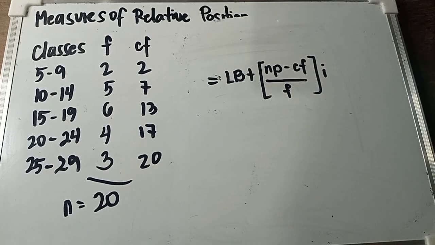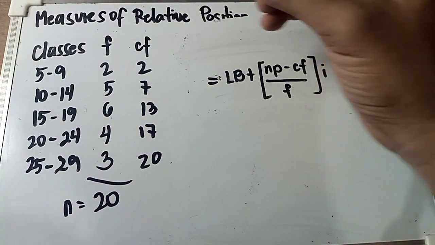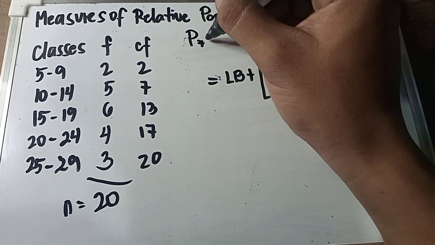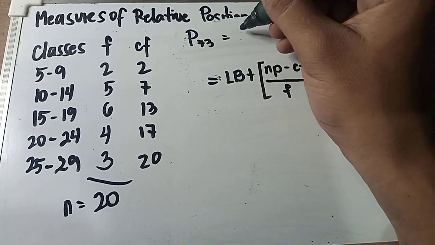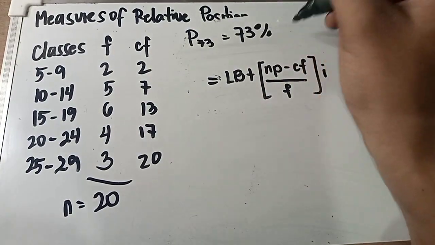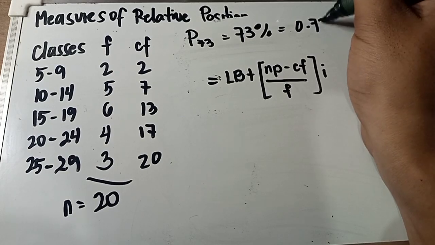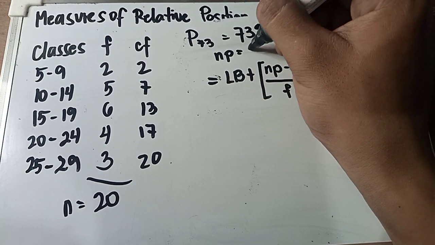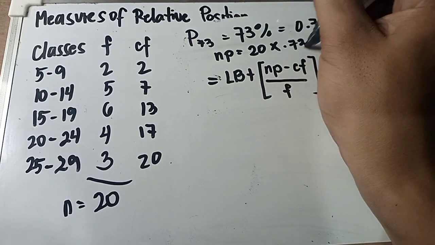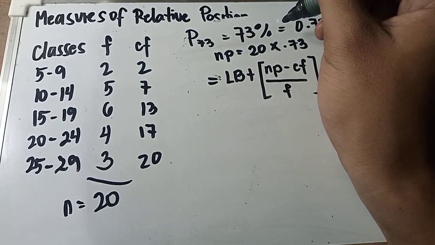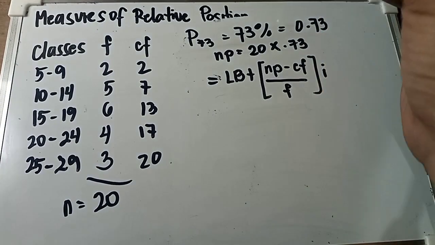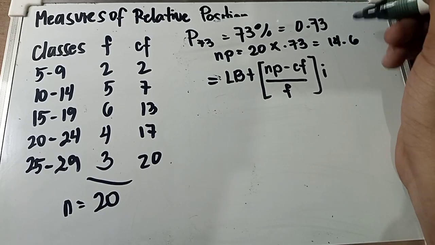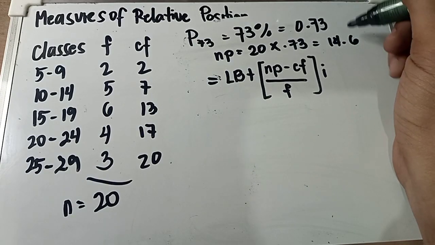Okay, so let's continue. In finding the percentile, it's just the same process. So for example, we're looking for P73. It is equivalent to 73% or 0.73. So NP equals the total of your frequency, 20 times 0.73, so that will be 14.6. Hanapin mo ngayon kung saan pasok si 14.6.